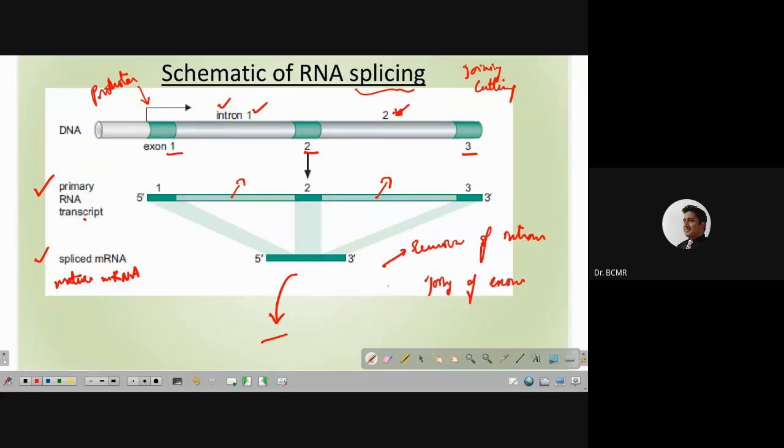There are two statements. What is it? Removal of introns says that these introns are removed, but it doesn't say anything about what happens to the exons. But if you say joining of exons, that means you say this is exon 1, 2, and 3, and these exons are joined, which would only happen if introns are removed. So RNA splicing is joining of exons.